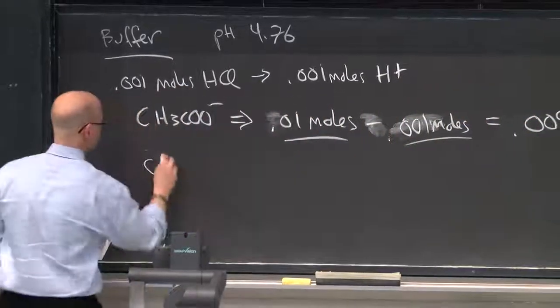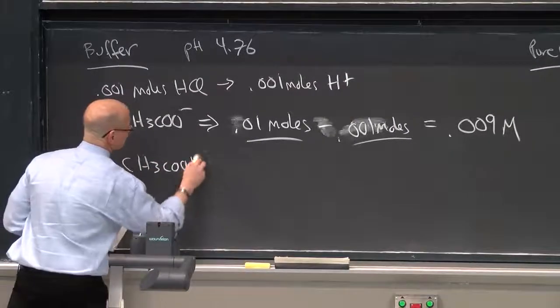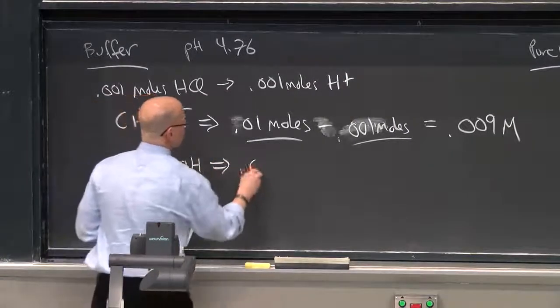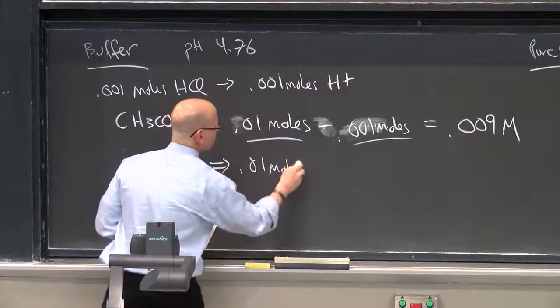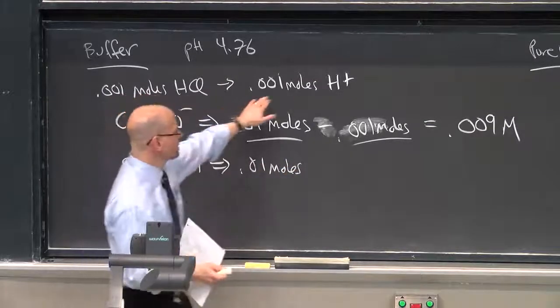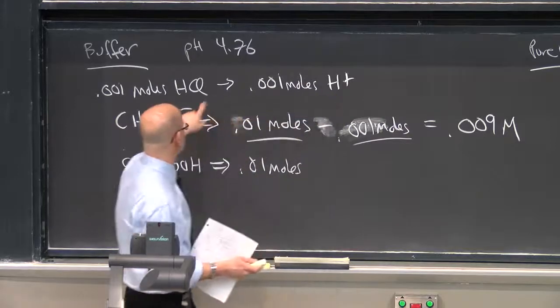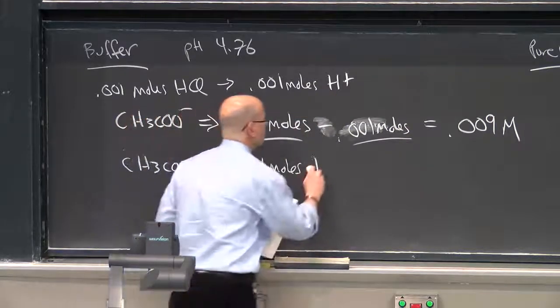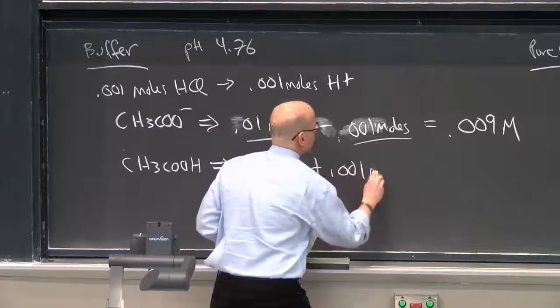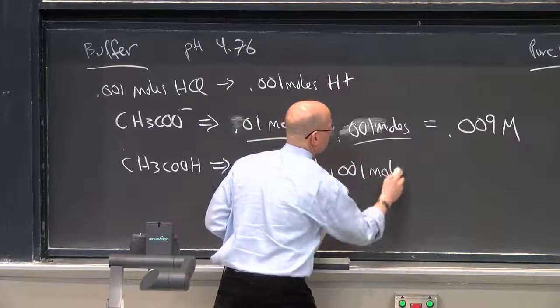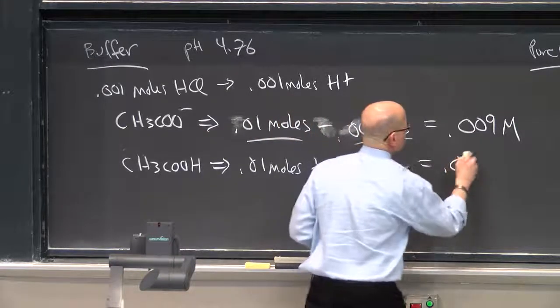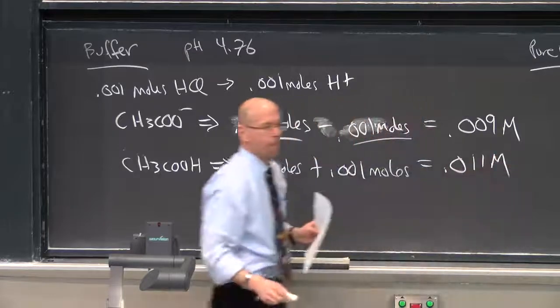The acetic acid that we started with was 0.01 moles, and that increased by the amount with which this proton reacted with the acetate. So this now gained 1 millimole to become 0.011 molar.